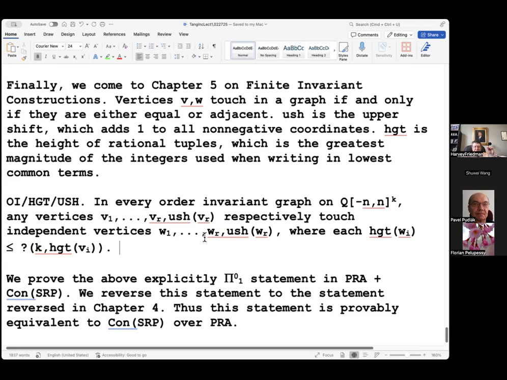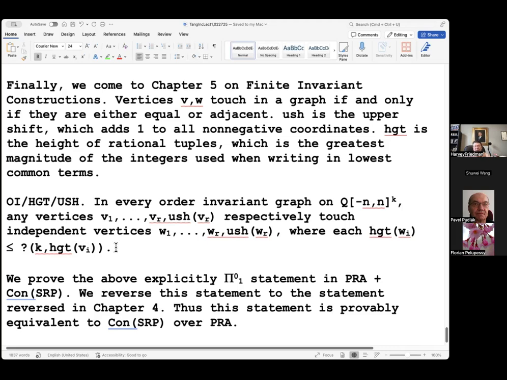As a bonus, with more care, you can make sure that n is not even in this. This is only a function of k and the height of vi, with no mention of n as well.